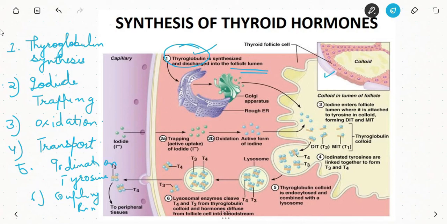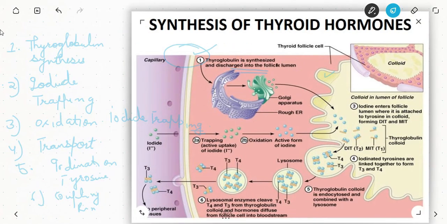The iodide is actively transported from the blood into the follicular cells against the electrochemical gradient. This process is iodide trapping. The iodide is transported into the follicular cells along with sodium by the sodium iodide symport pump.